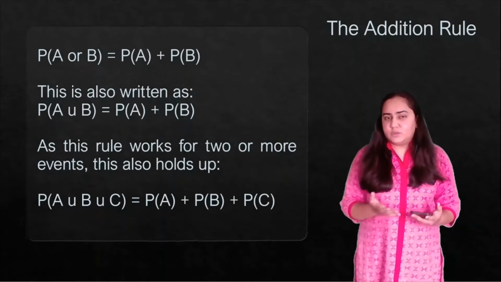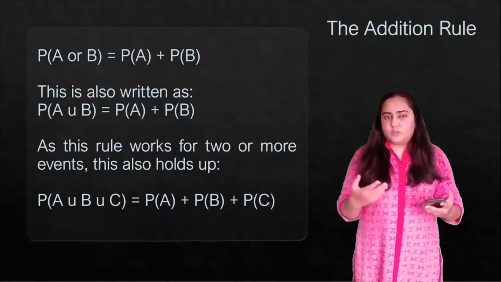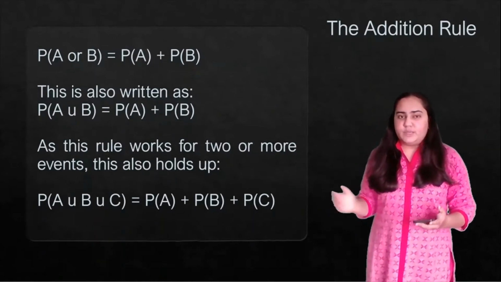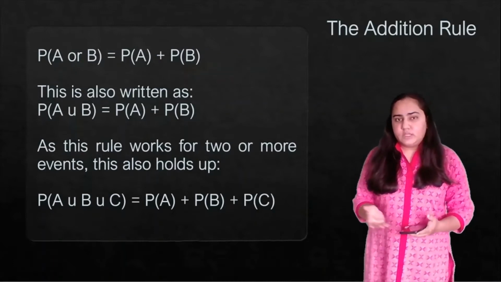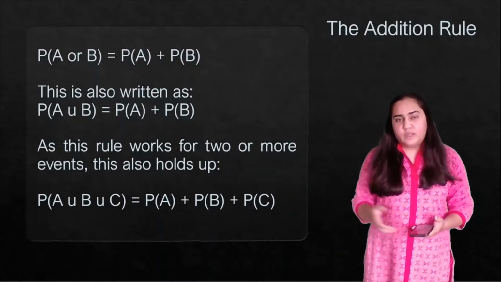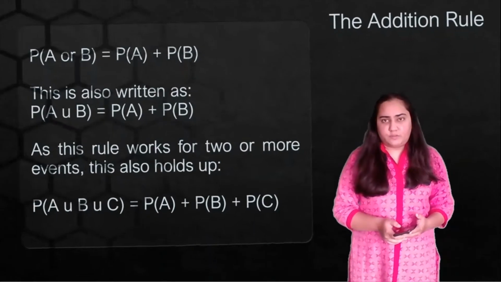So if you wanted to expand this rule to accommodate 3 events, A, B, and C, then you would write it as P of A union B union C is equal to P of A plus P of B plus P of C. So this is how the addition rule works, and this is the formula for it.